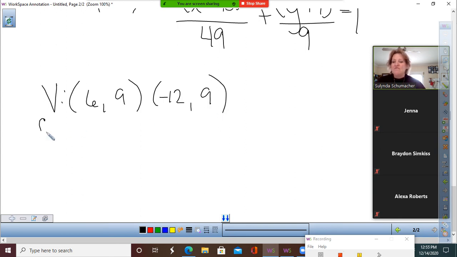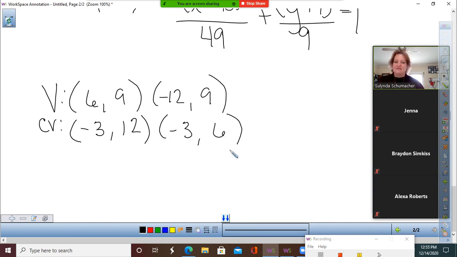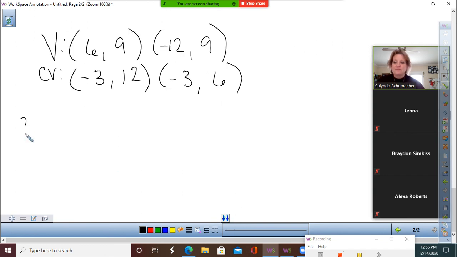And let's say we have co-vertices at -3, 12, and -3, 6. All right, so first we've got to figure out our center.